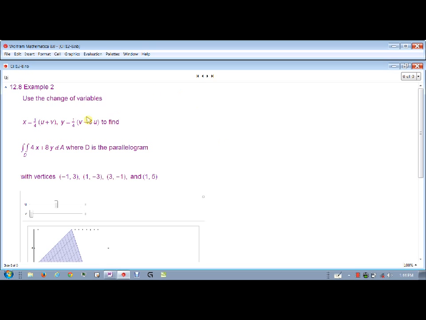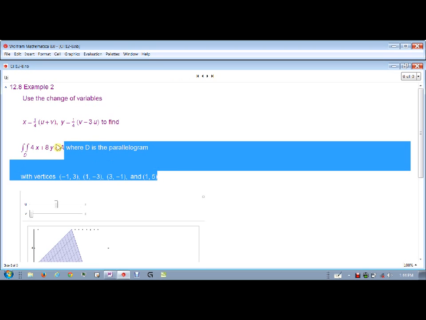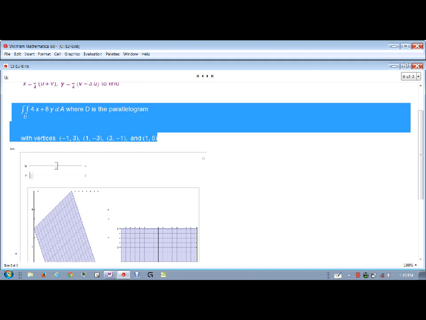If someone had just given you this problem and asked you to figure it out without giving you the change of variable, what would make you change it to that? We'll talk about that in a second. But let's just assume that someone gives us the change of variable and let's see how this problem becomes easier. All right, so let's set this up. We're going to start by drawing the region that we're trying to integrate over first.